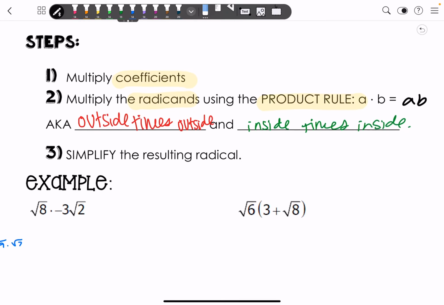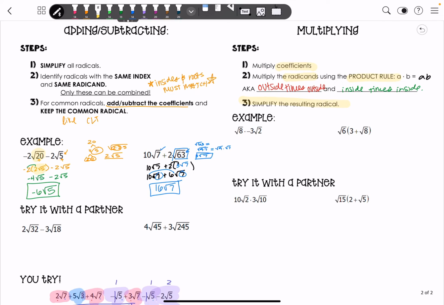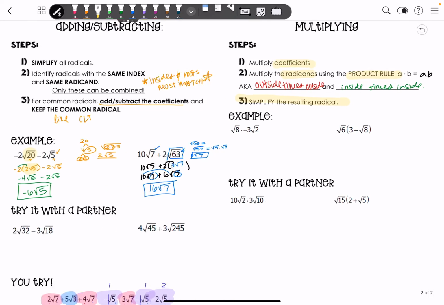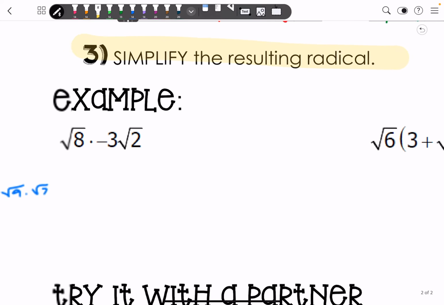Your final step, though, is going to be you're going to have to simplify that resulting radical. Once we've got radicals times radicals and whatnot, it kind of creates bigger radicals. So let me show you what I'm talking about.